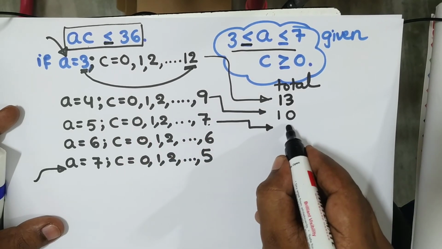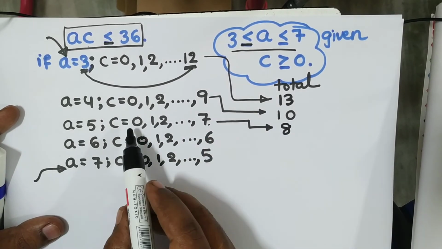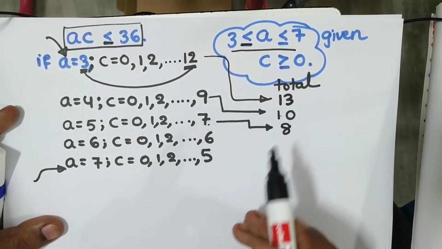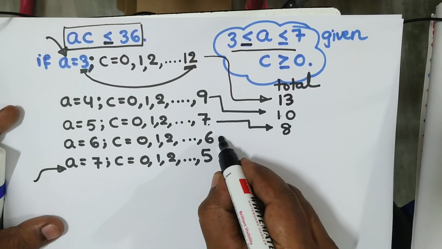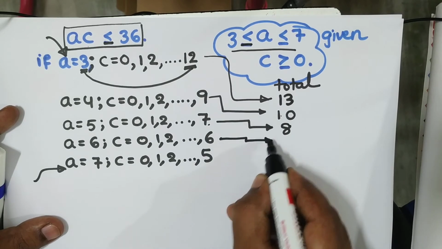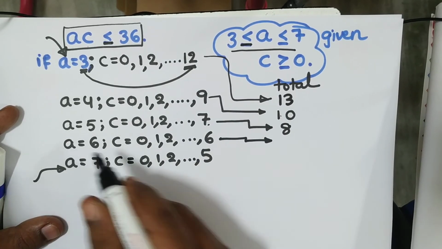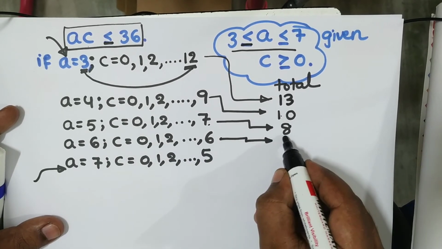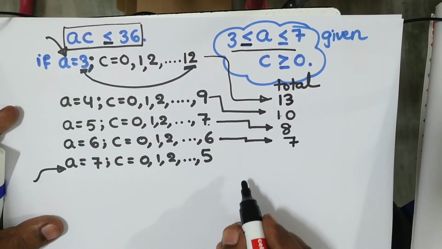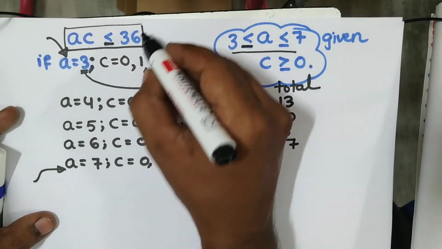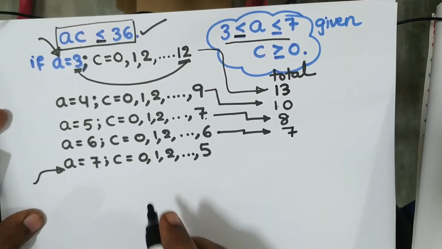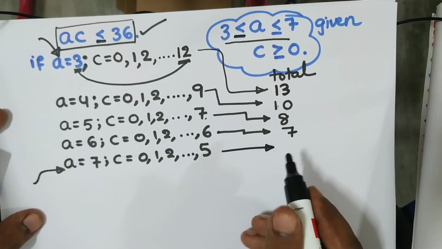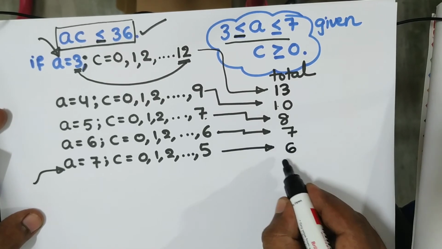So 0 to 7 means total 8. Yeah, 0 to 9, total 10. 0 to 12, total 13. Similarly here you have C equal to 0 to 6, and of course A is 6. So you have 0 to 6, so total 7. Also count 0 please, because 0 also is satisfying this condition. Okay. Now again 0 to 5, in the last case you have 0 to 5, so this is 6.